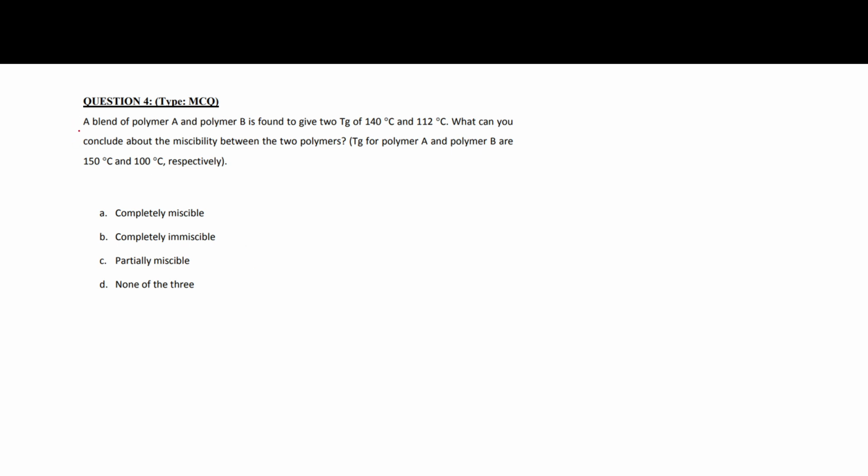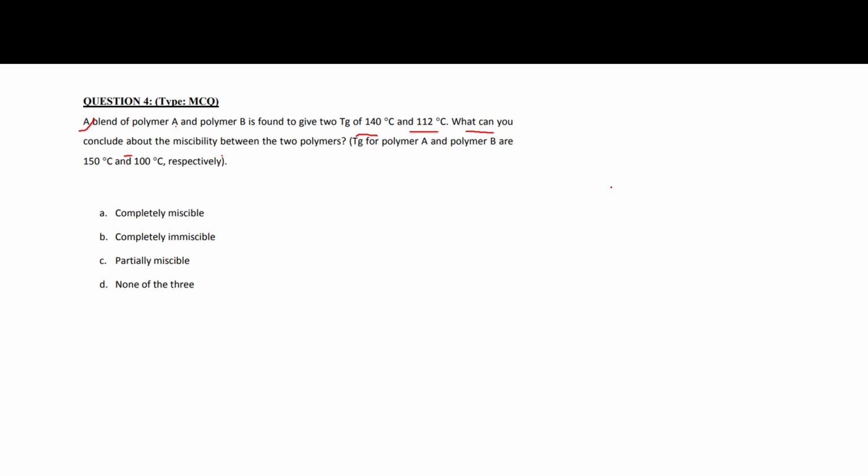Now the next question: a blend of polymer A and polymer B is found to have Tg of 140 degrees centigrade and 112 degrees centigrade. What can we conclude about the miscibility between the two polymers? The Tg of polymer A and polymer B are 150 and 100 degrees centigrade.